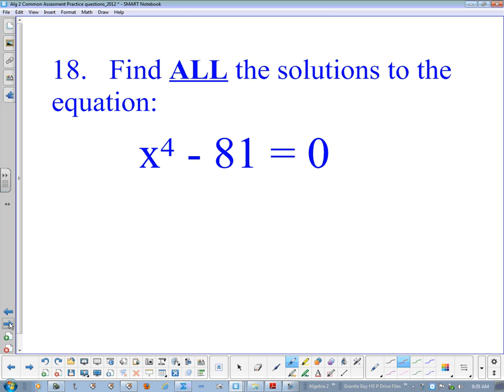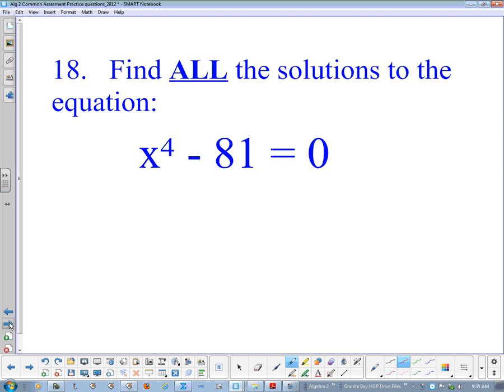Next problem. Find all the solutions to this. x to the 4th minus 81 equals 0. Well, there are two ways to do this. We could factor squares, or you could just add the 81 to each side. Is 81 a perfect 4th root?